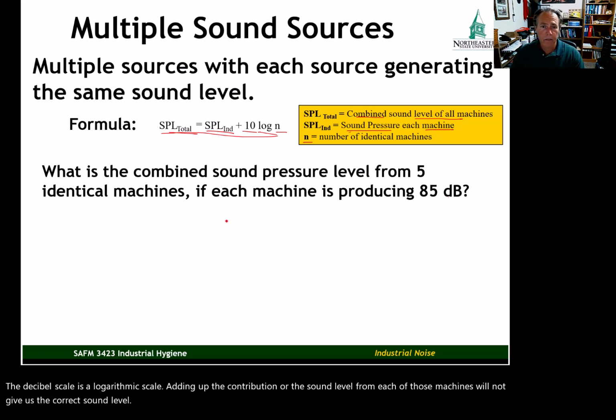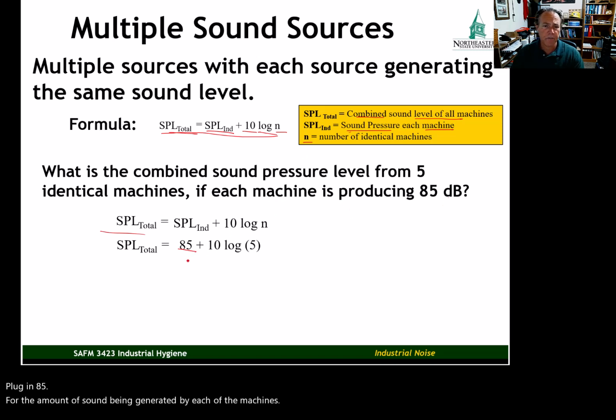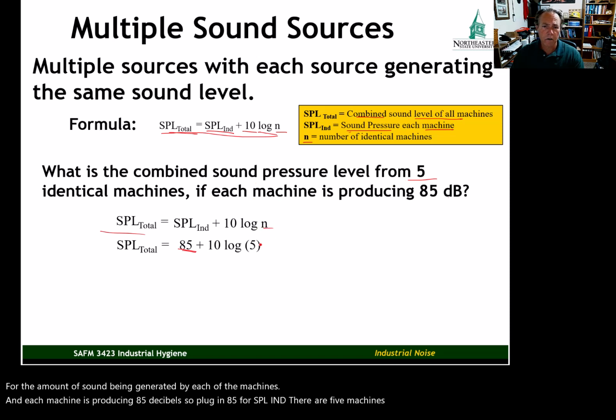To find the sound level for these 5 machines, again, here's our formula. Plug in 85 for the amount of sound being generated by each of the machines. Again, each machine is producing 85 decibels, so plug in 85 for SPL IND. There are 5 machines, so for N, we plug in 5.